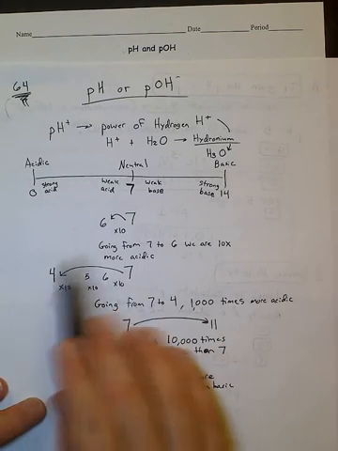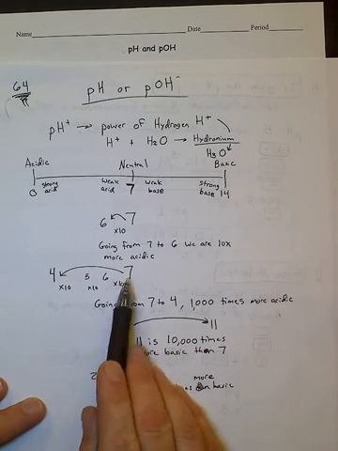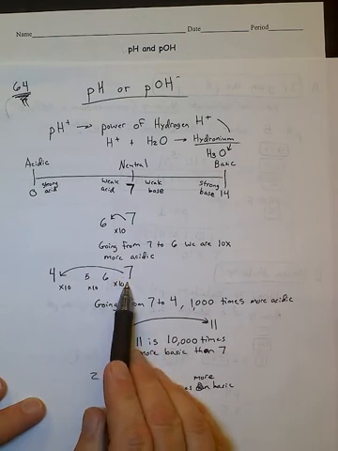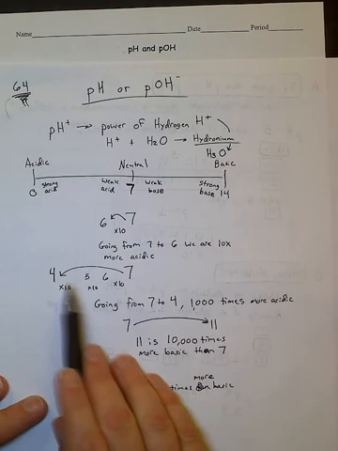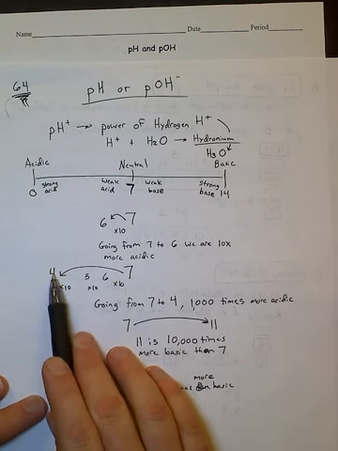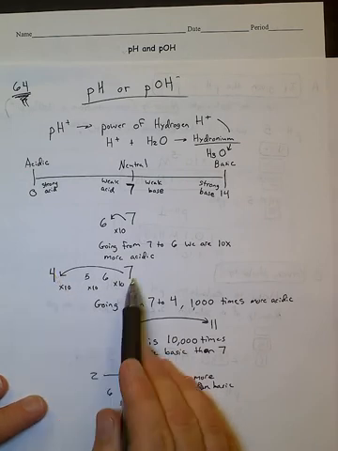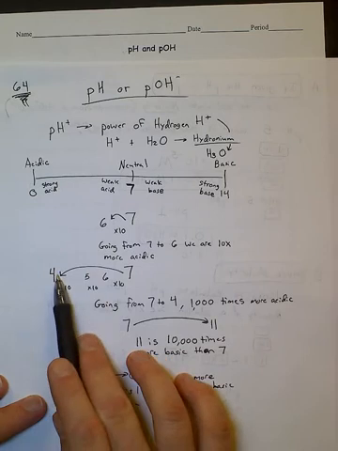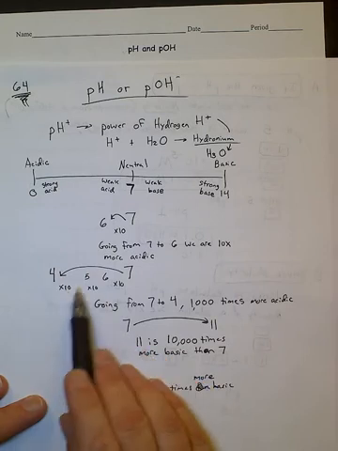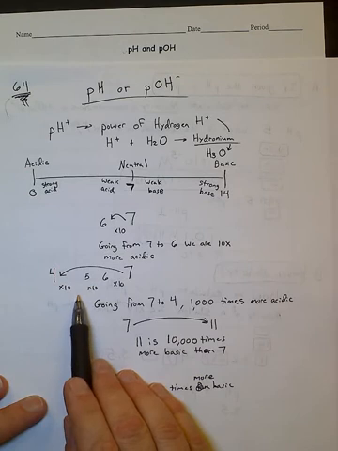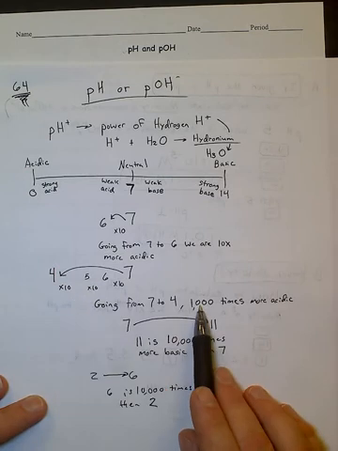If we're talking about the opposite way, 7, even though it is neutral, is 1,000 times more basic than 4 is. Okay? The other way to consider this, if we're going 1, 2, 3, this is 10 to the third power. 1 times 10 to the third power would be 1,000. Okay?